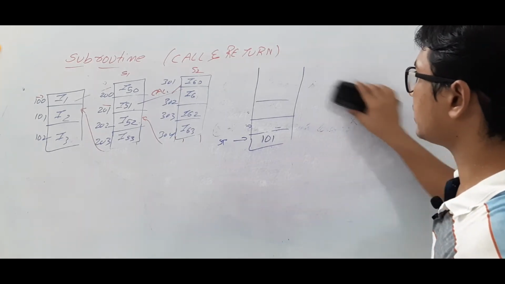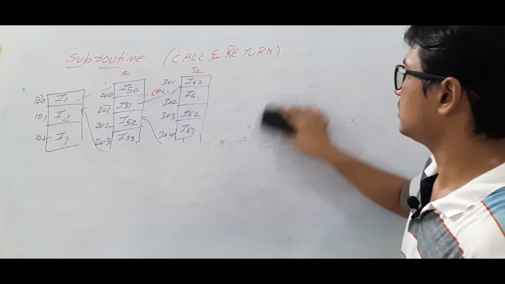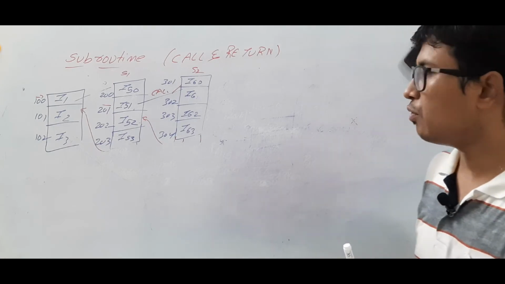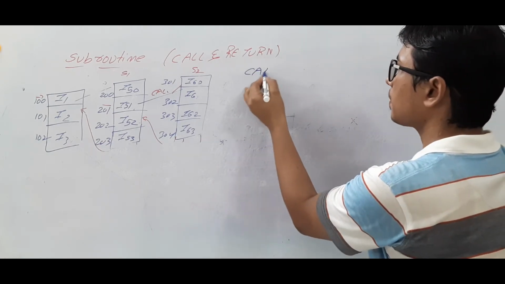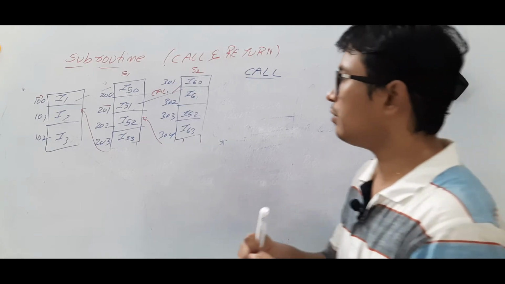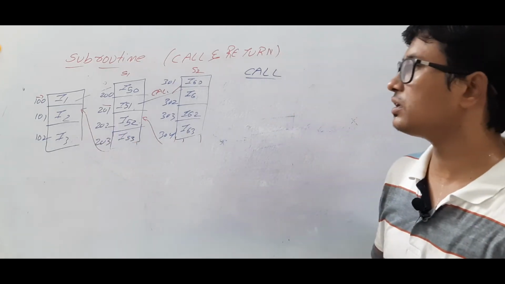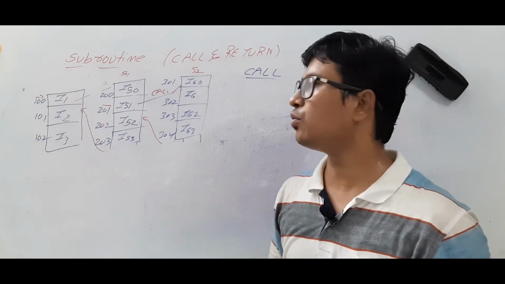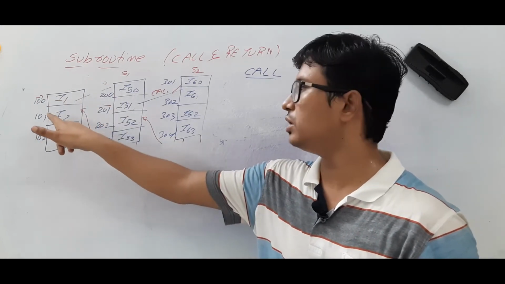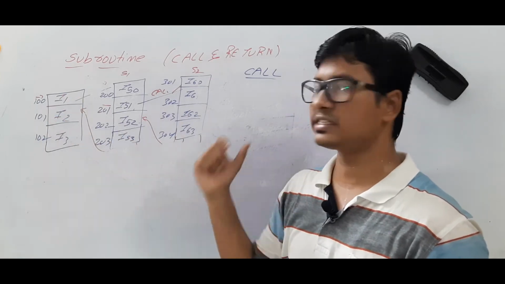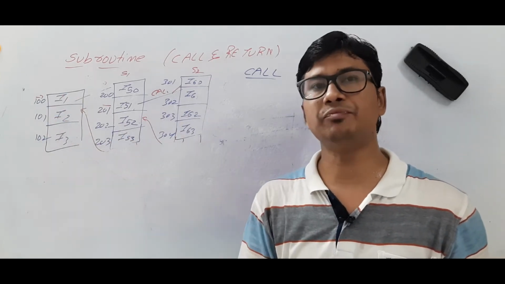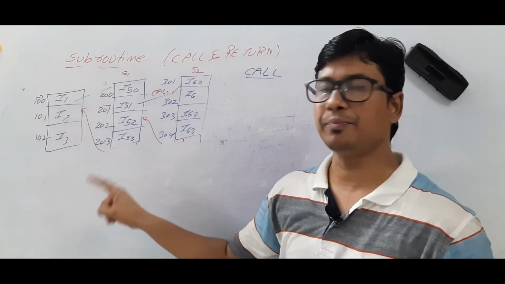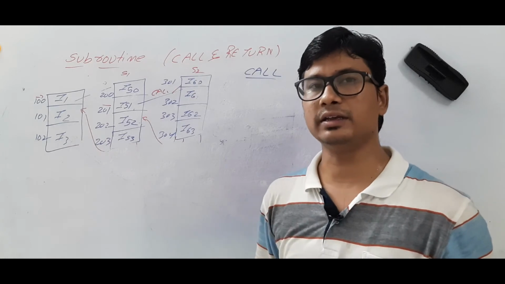Now let me discuss how it can be done with the help of a stack. Whenever you are calling a subroutine, the first thing you have to do is store the return address in a stack.